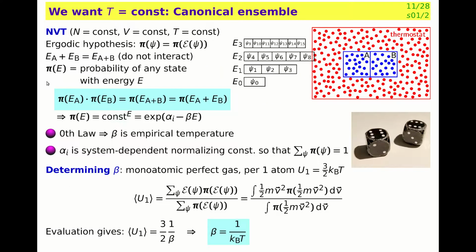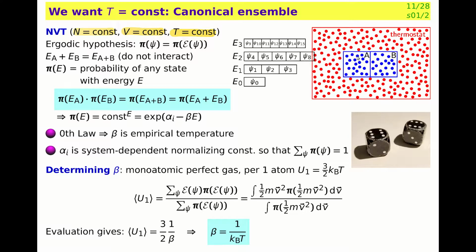An ensemble with constant temperature is called the canonical ensemble. Precisely, it is an ensemble with a constant number of particles, constant volume, and constant temperature. And what does it mean that a system has a constant temperature? You should know this from thermodynamics.